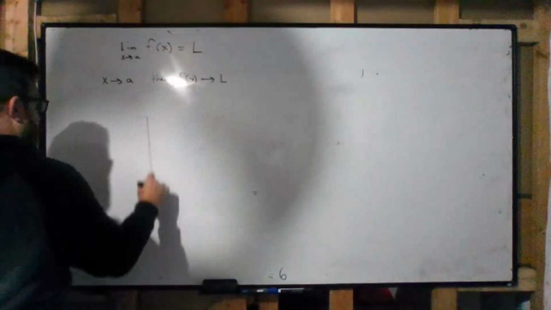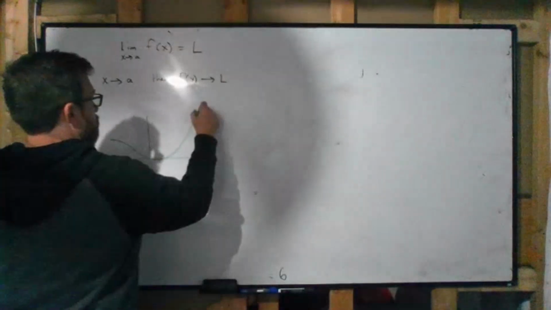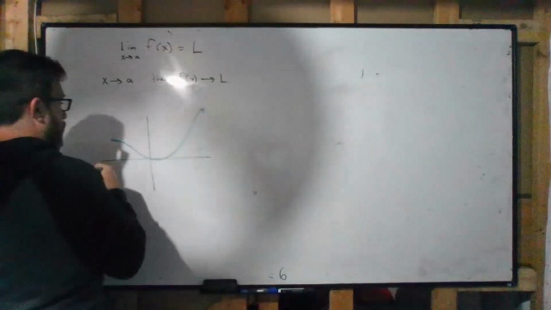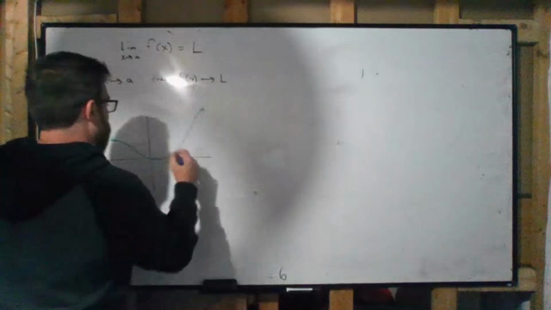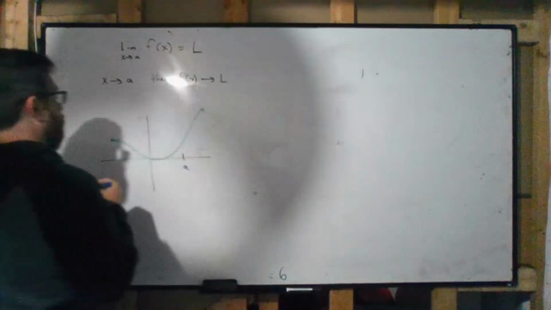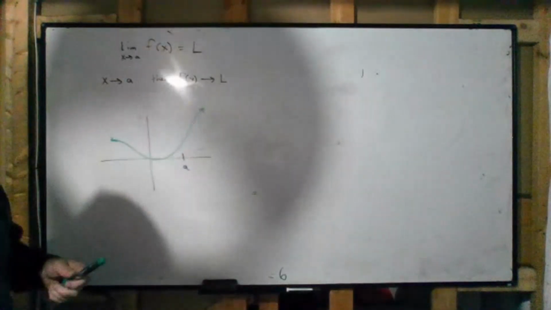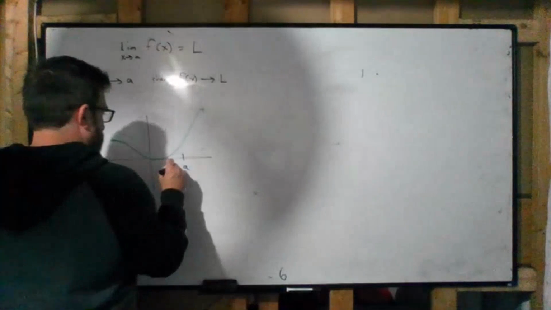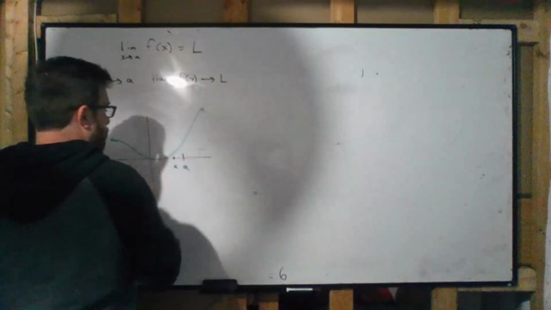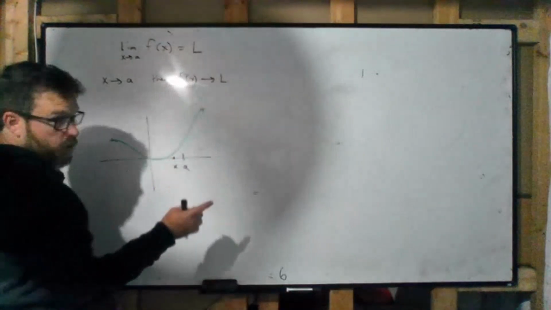So if I have a picture of a graph right here, some green graph, and here's my function f of x, and I have a value a right here, if I pick an x value that's kind of close to a, like this x value right here. Now it's not exactly close to a. Well, I guess it's close in the real terms of infinity, but it could be closer.